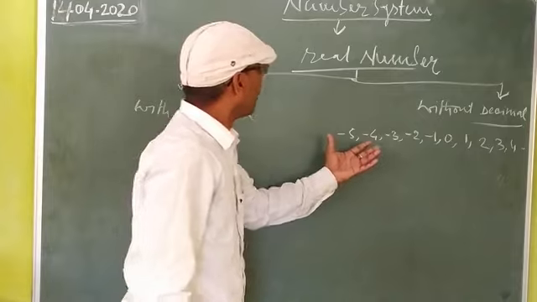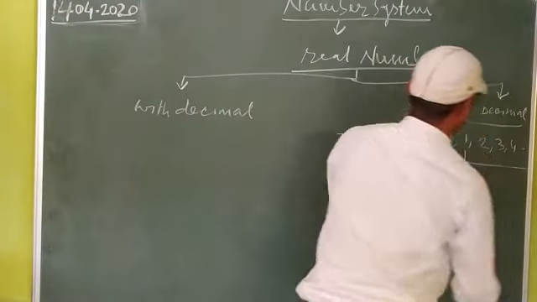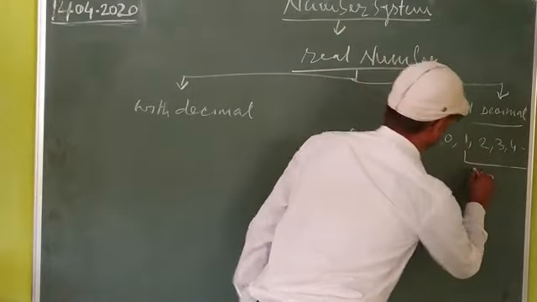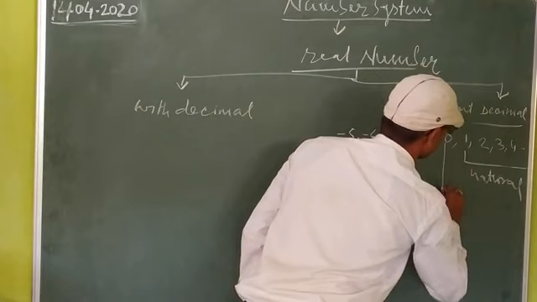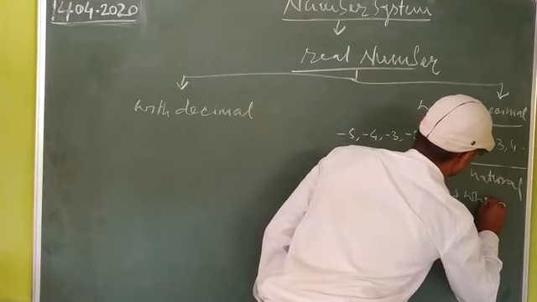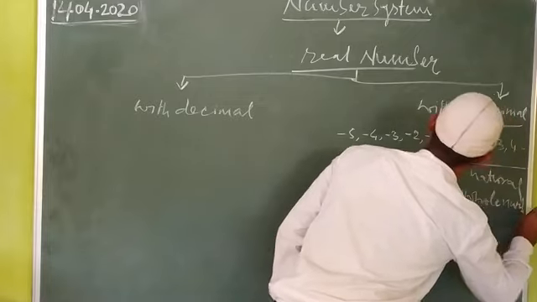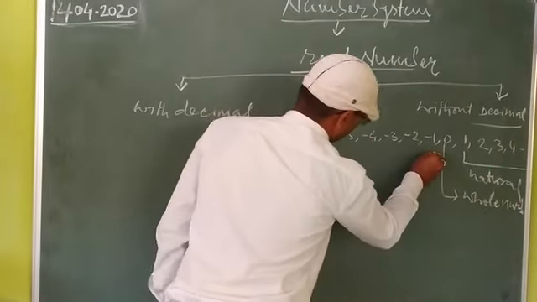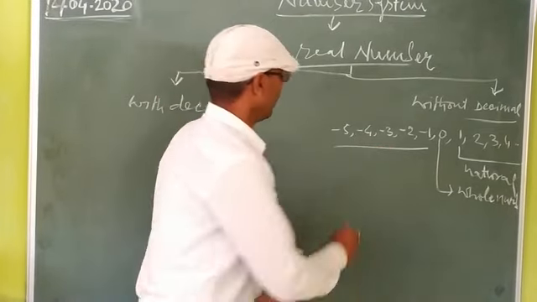Yes, it is. Now here we are looking, these are natural numbers, and including 0 we can write whole numbers. Okay, and this side you are looking at all negative integers.